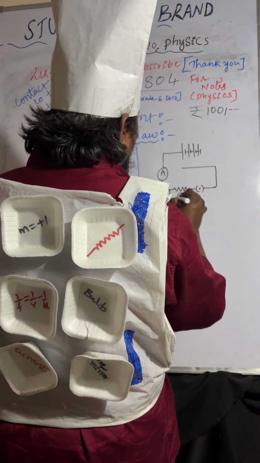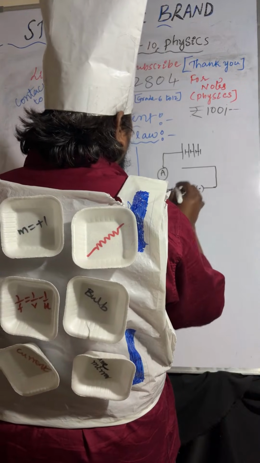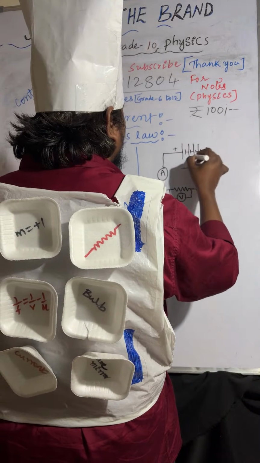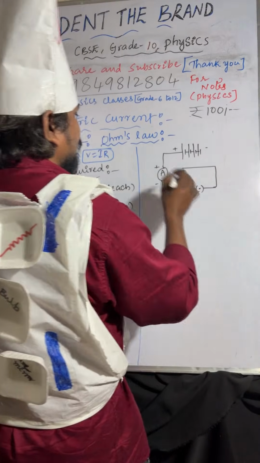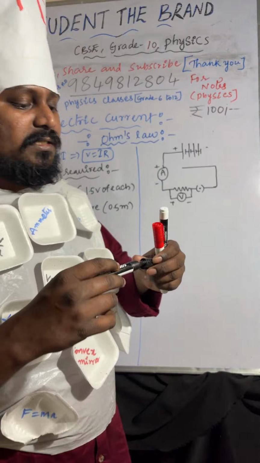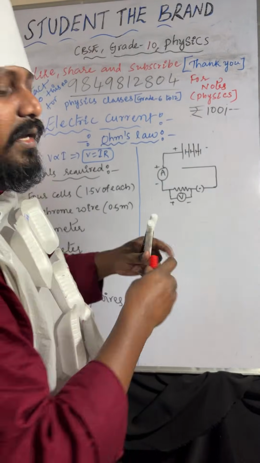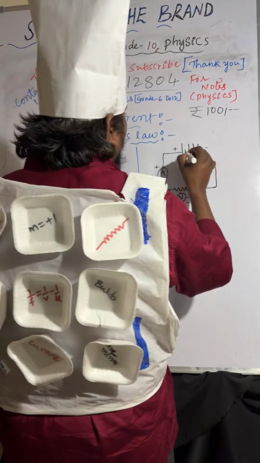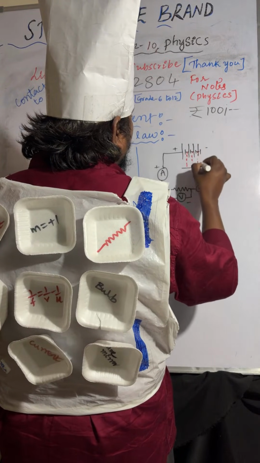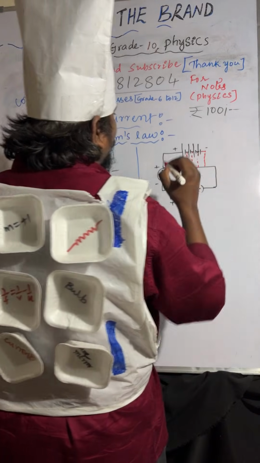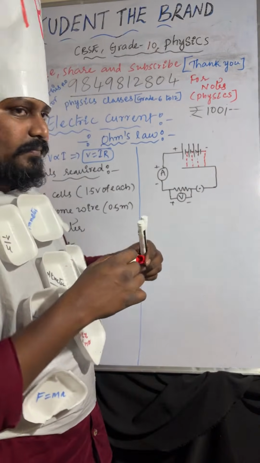Across this resistor I'm connecting the voltmeter. Current is passing here, and here also current is passing. Now you can observe here, 1, 2, 3, 4.